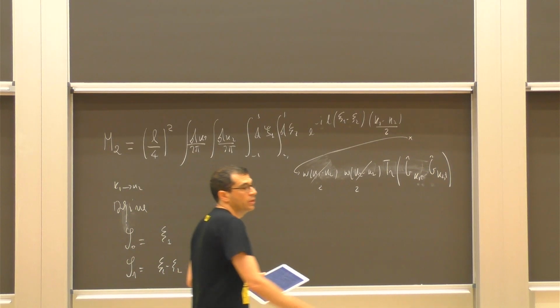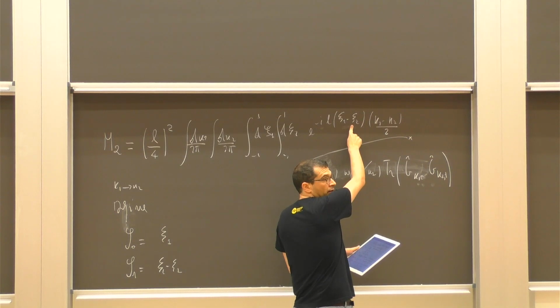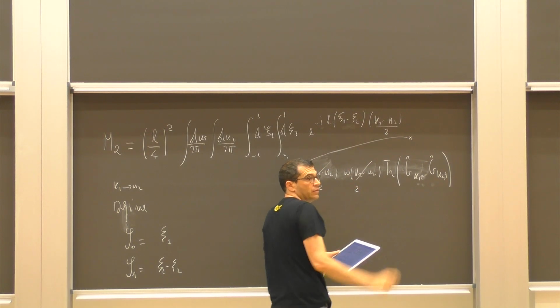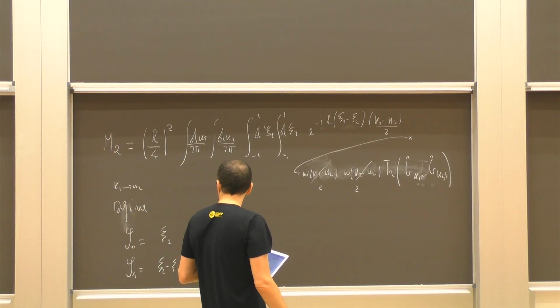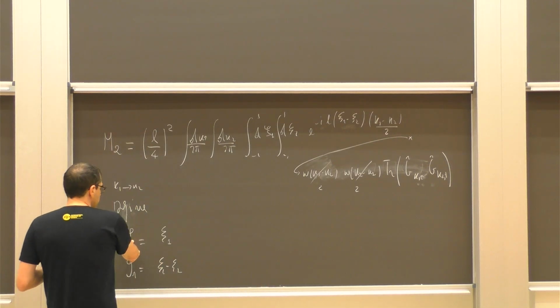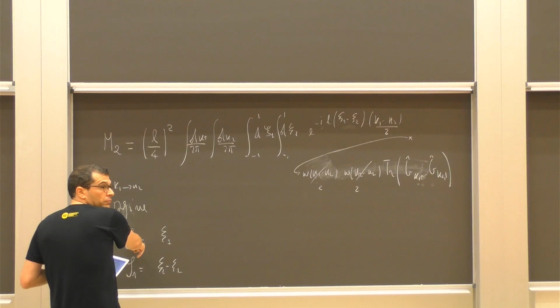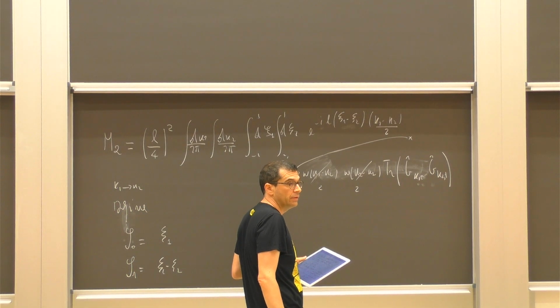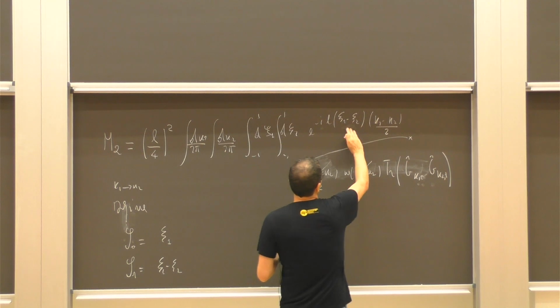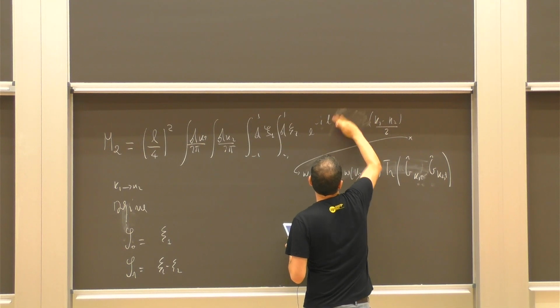This is because this integral always depends on the difference between the xi's. Then we can integrate over z0, because the integration is trivial since it doesn't depend on z0.